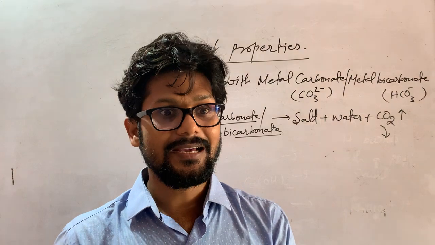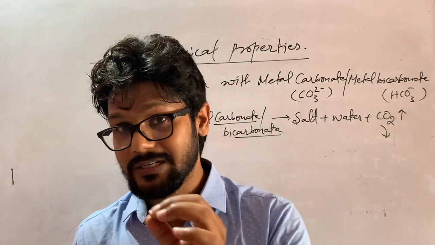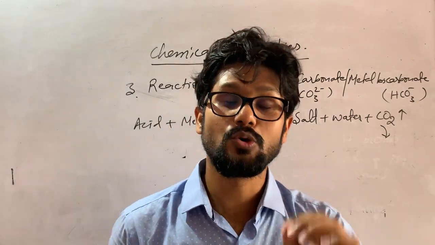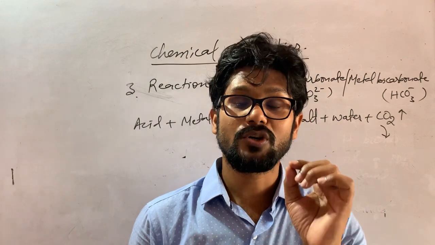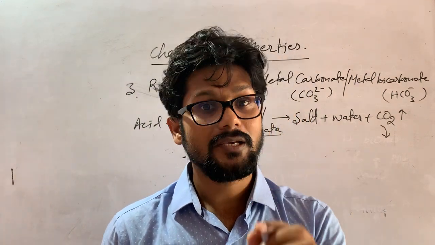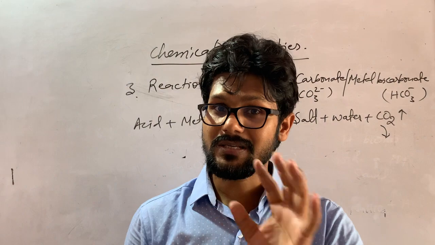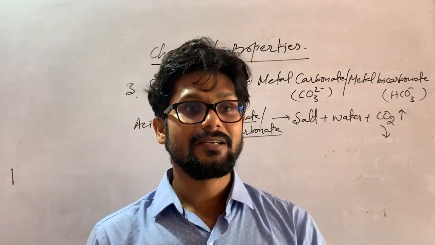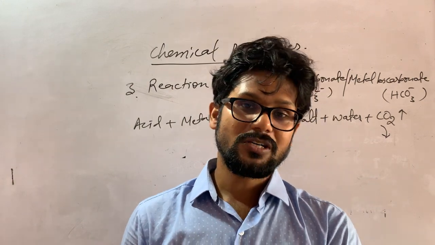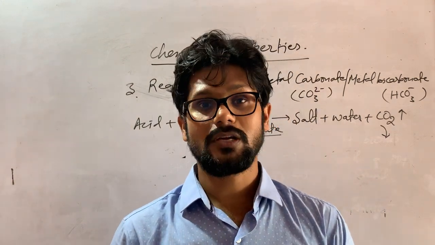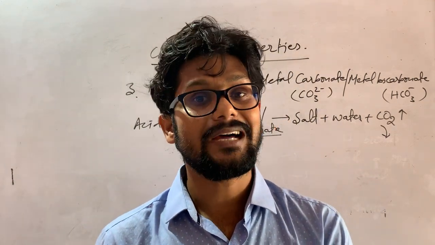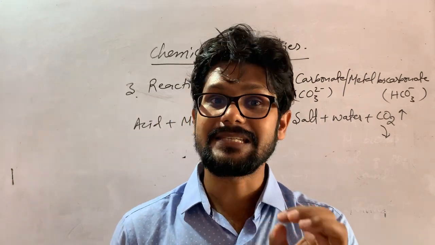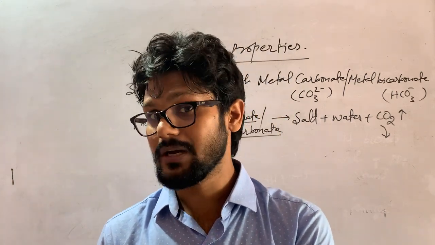Carbon dioxide turns lime water milky, but there is no effect on potassium dichromate solution. You must write this. Once again I am going to repeat. Carbon dioxide turns lime water milky, but there is no effect on acidified potassium dichromate solution.